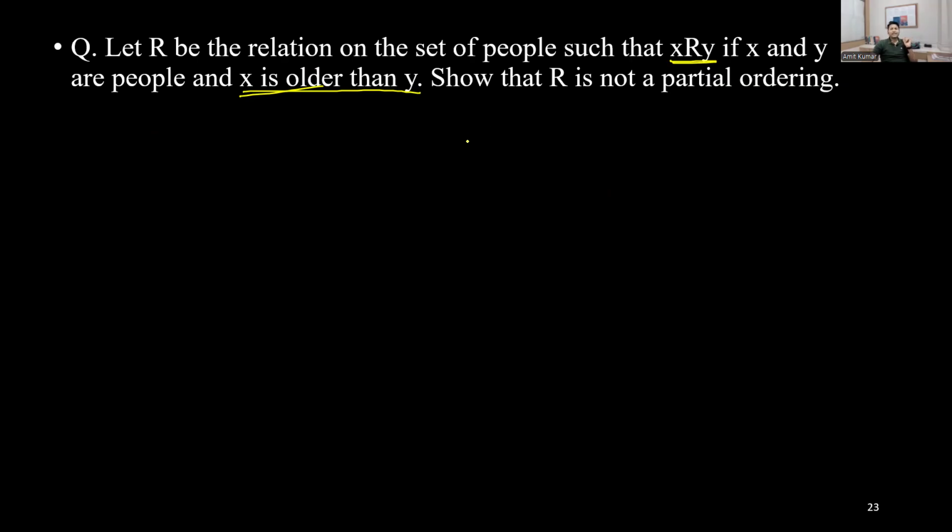What they are saying is that (X, Y) belongs to R if X is older than Y. Older means we are talking about age. If the age of A is more than the age of B, then (A, B) belongs to R.